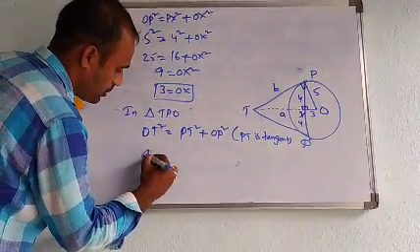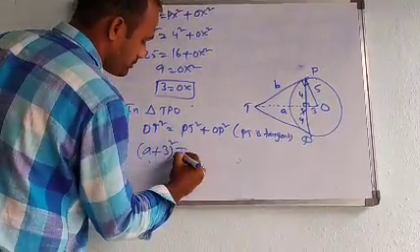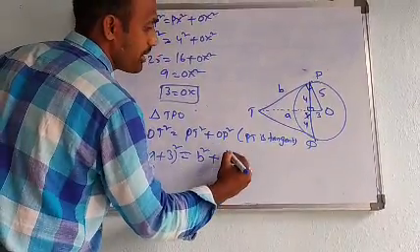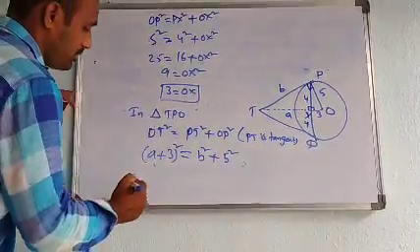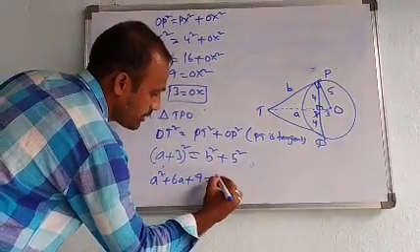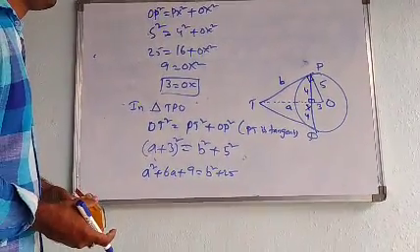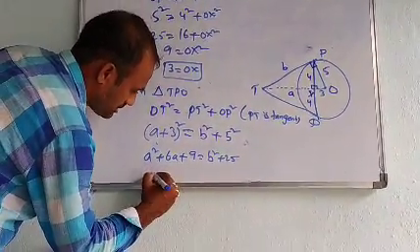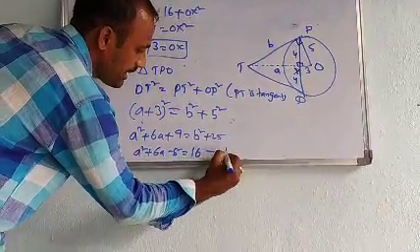OT is nothing but A plus 3, whole square, is equal to PT square, which is B square, plus OP square, which is 5 square. So let me evaluate this. A square plus 6A plus 9 is equal to B square plus 25. Let us transpose all the variables to one side. So A square plus 6A minus B square is equal to 16. Keep it as the first equation.